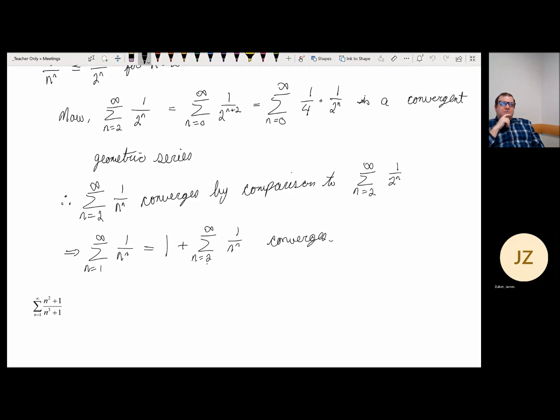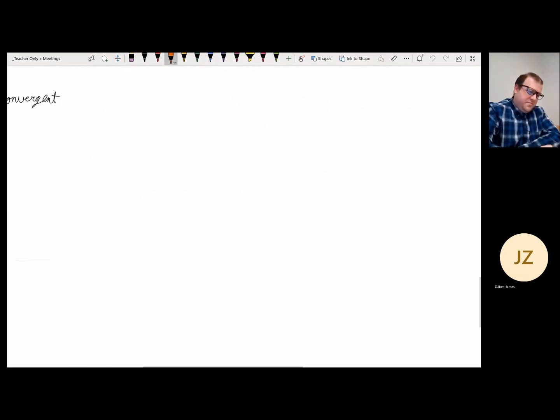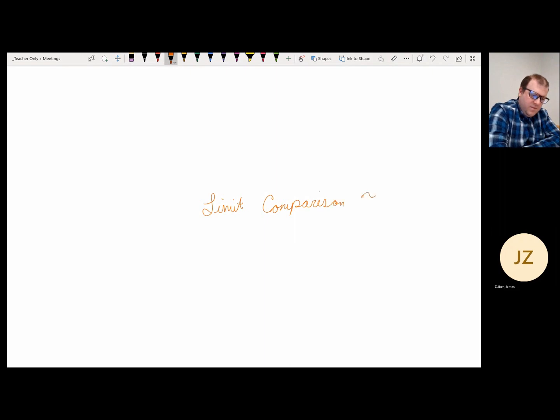But when I introduced the direct comparison test, I said it was one of the comparison tests. There is a second comparison test: the limit comparison.